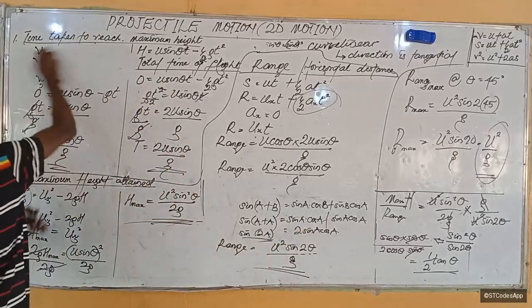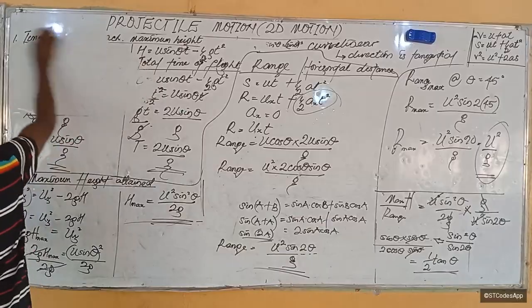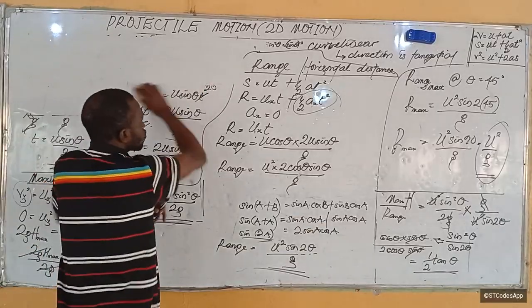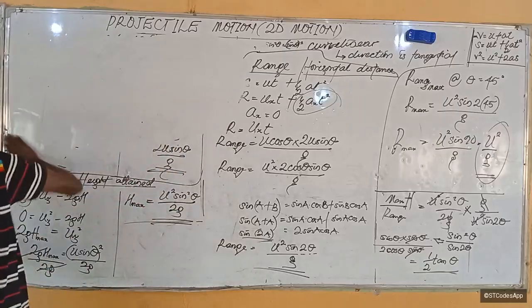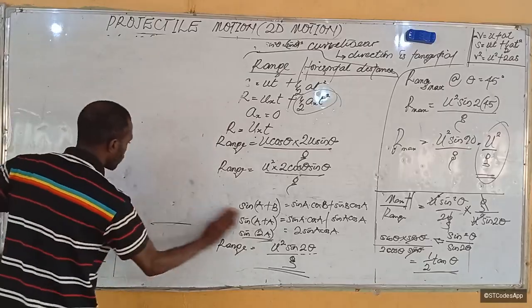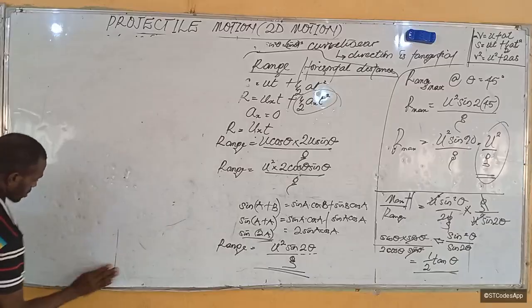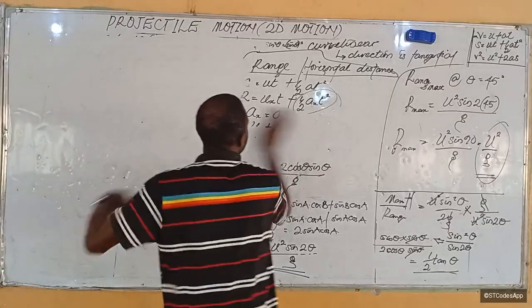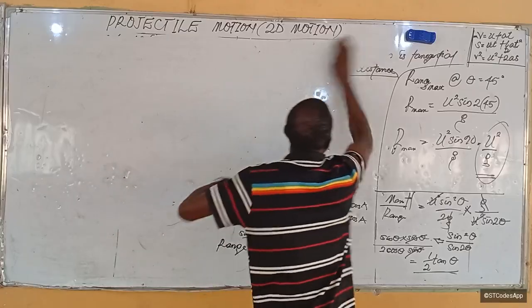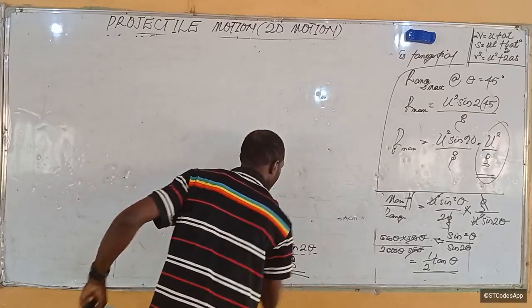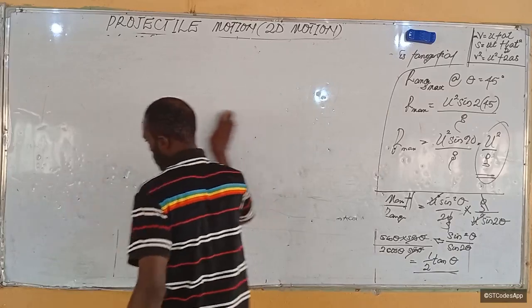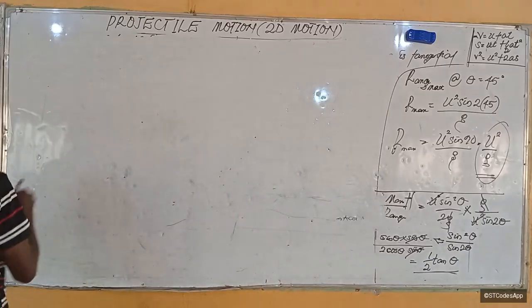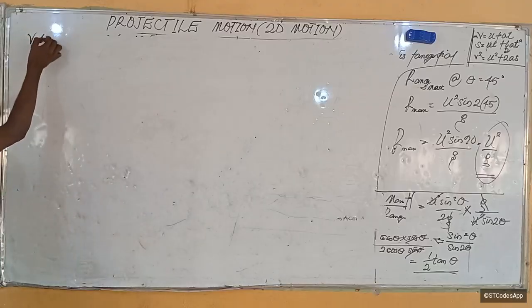Okay, but let me now show you the velocity at a given time. What if we are told to get the velocity at a given time? How do we calculate that? At a given height, not at a given time. Velocity at a given height.